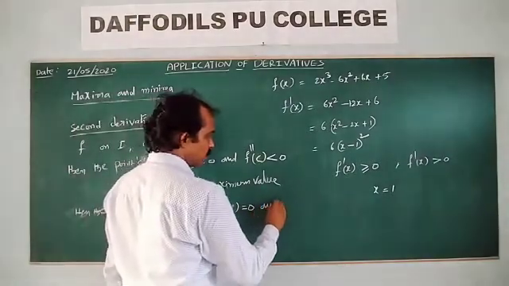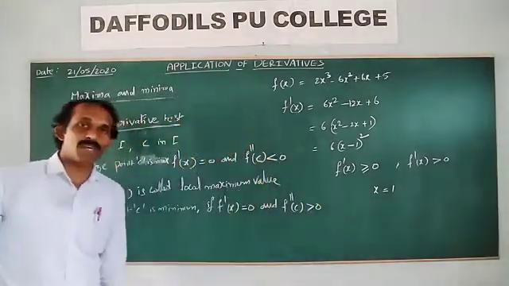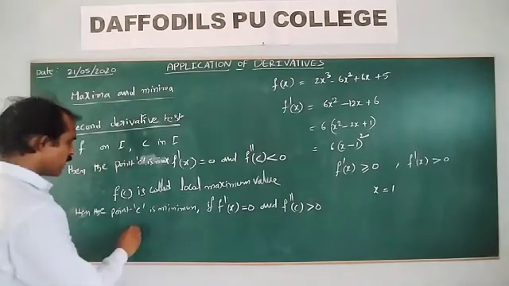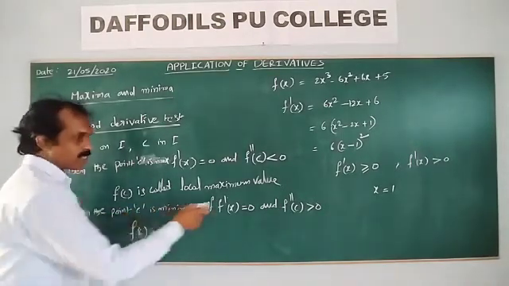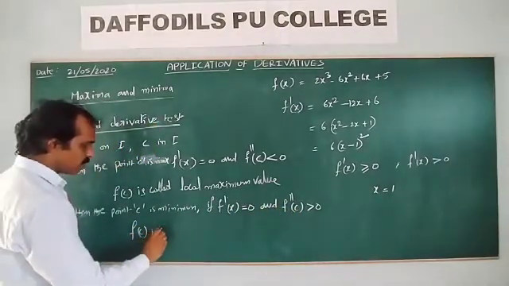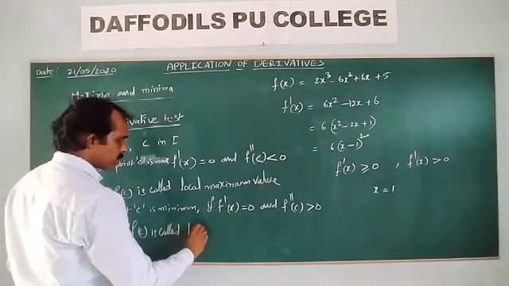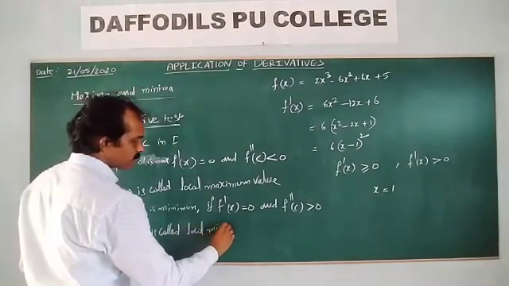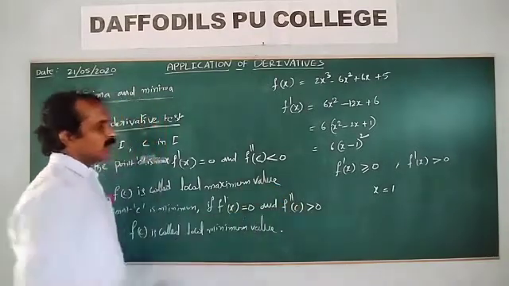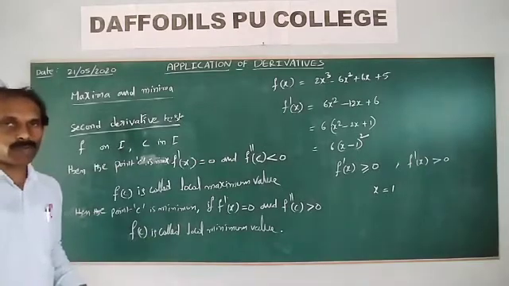Substitute, and if f double dash c is greater than 0, the point is called local minimum point, and substituting the value of c in the given function, f of c is called local minimum value. So like this, using the second derivative test, solve the problems.